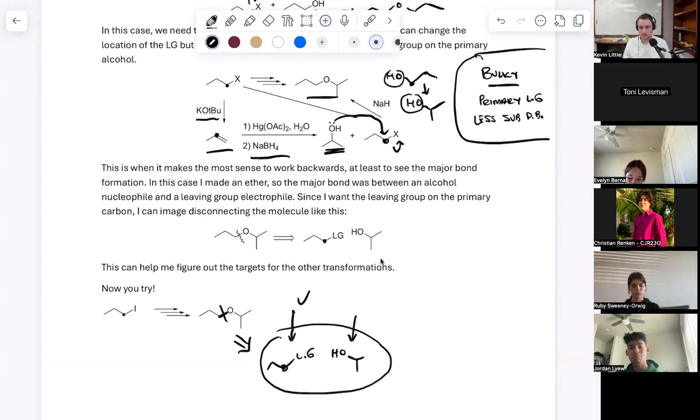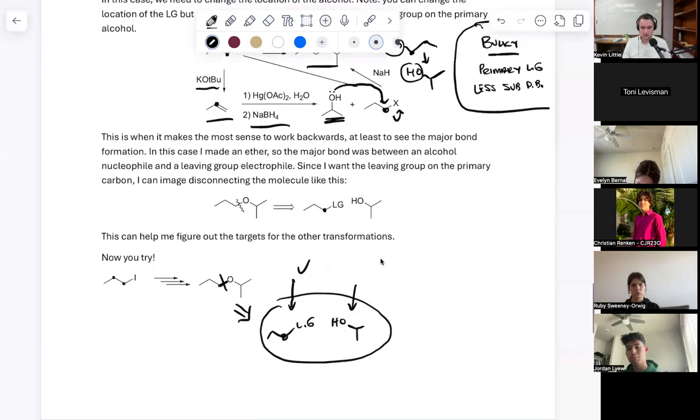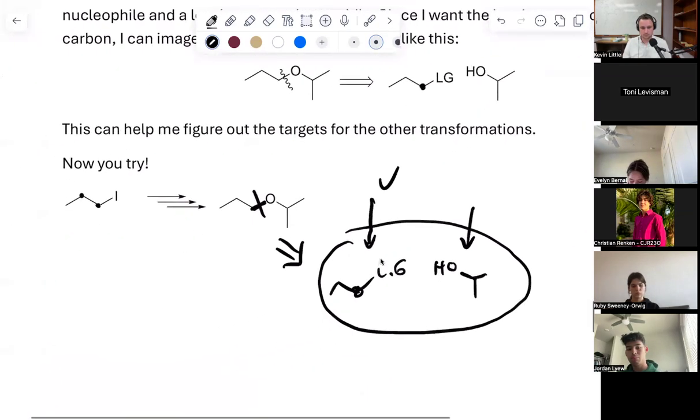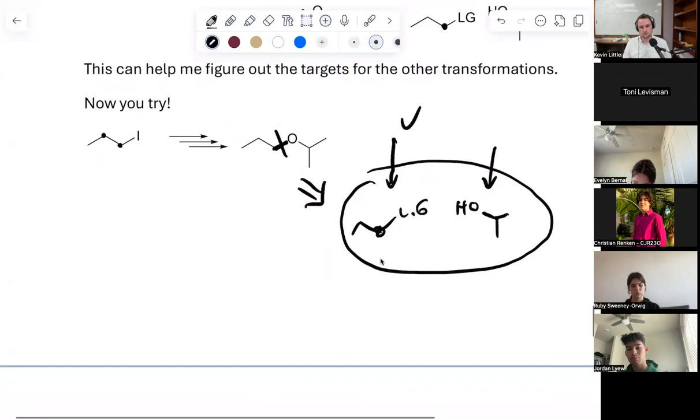Here it's on the end, and I want to move it to the middle. So what do I have to do? Since it's a primary leaving group, I'm going to use a bulky base to do an elimination.